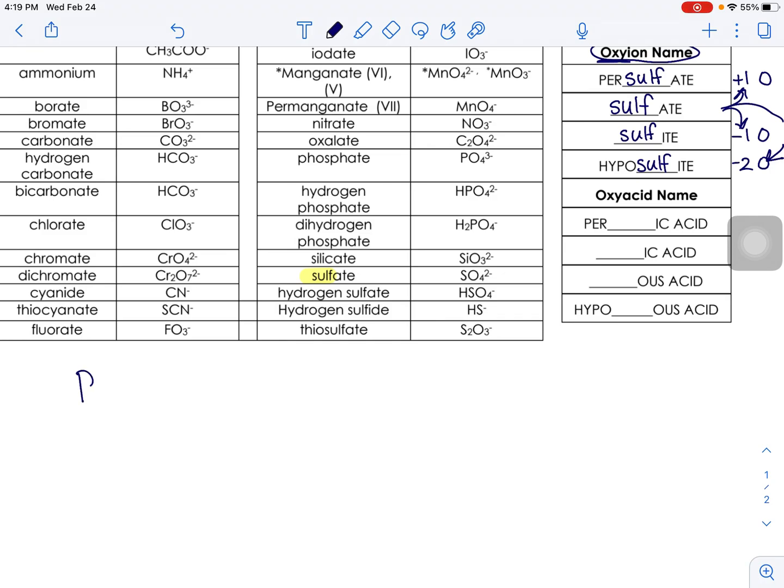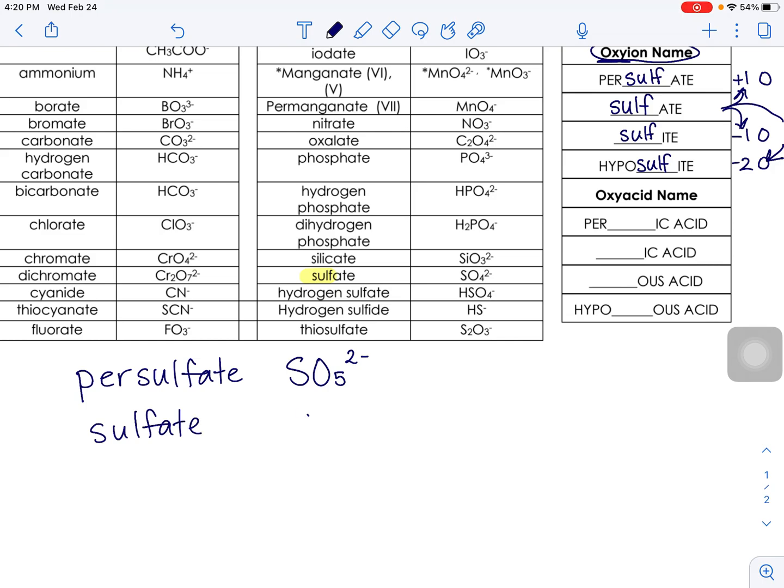So that means persulfate is 1 more oxygen than sulfate. Sulfate is SO4. So persulfate is then SO5, and valence stays the same, 2 minus. Sulfate we're given, it's just SO4, 2 minus.